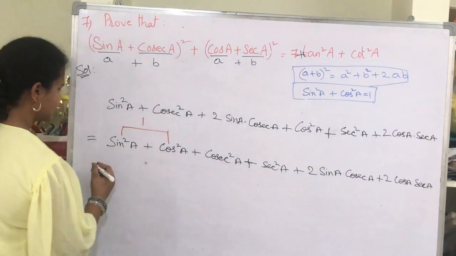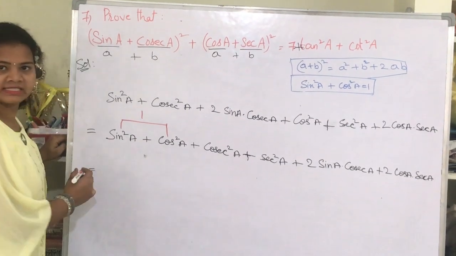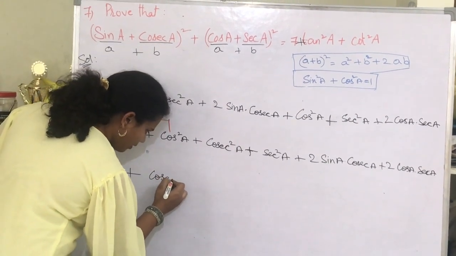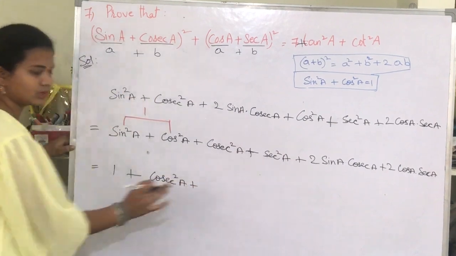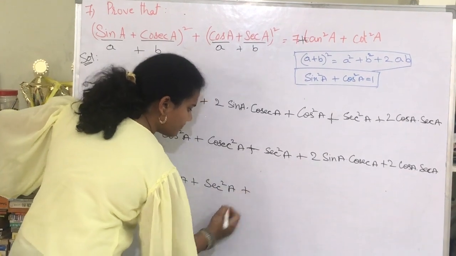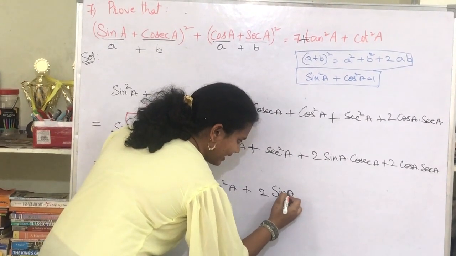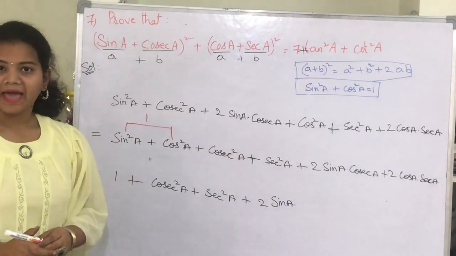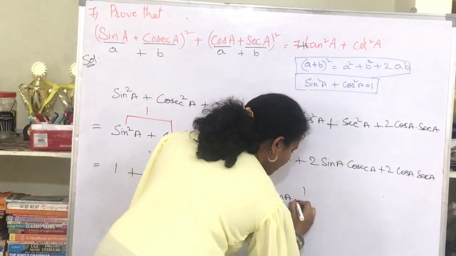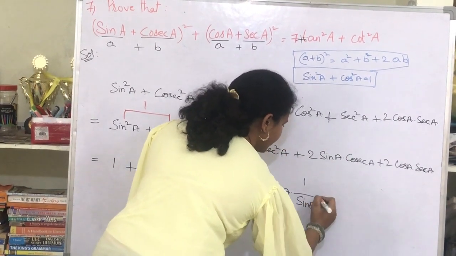Now let's arrange this as, cosecant square A plus secant square A as it is, plus 2 sin A into cosecant A. Cosecant A can be written as 1 by sin A, as we know by a trigonometric identity.